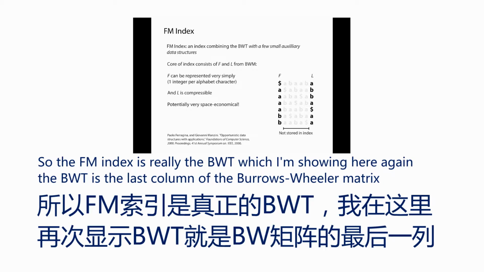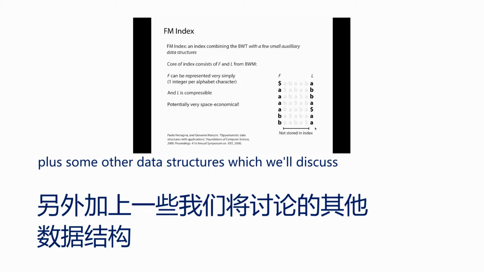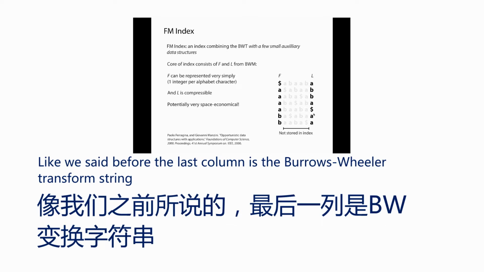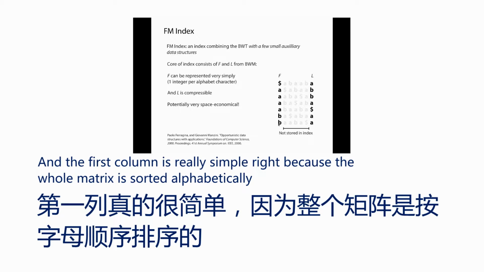So the FM index is really the BWT, which I'm showing here. Again, the BWT is the last column of the Burrows-Wheeler matrix, plus some other data structures, which we'll discuss. But the core of it is just basically the F and L columns, the first and last columns from the Burrows-Wheeler matrix. Like we said before, the last column is the Burrows-Wheeler transformed string, and the first column is really simple, right?